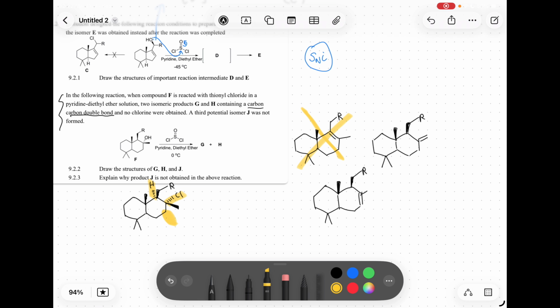However, the hydrogen here, as well as the hydrogen on the methyl group, can be in anti-periplanar geometry with the chlorine here, and so an E2 elimination can occur. And that is why this is our product J, and that is not formed in the above reaction. And these are G and H. And as the question didn't provide us with further information, we can just label any of them G and the other one H and take our marks and run.